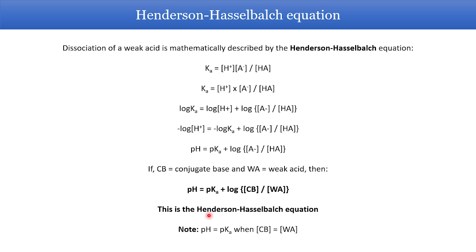So this is the Henderson-Hasselbalch equation. When the conjugate base concentration is equal to the concentration of the weak acid, an equilibrium condition has been reached, and that is where pH is equal to your pKa value.